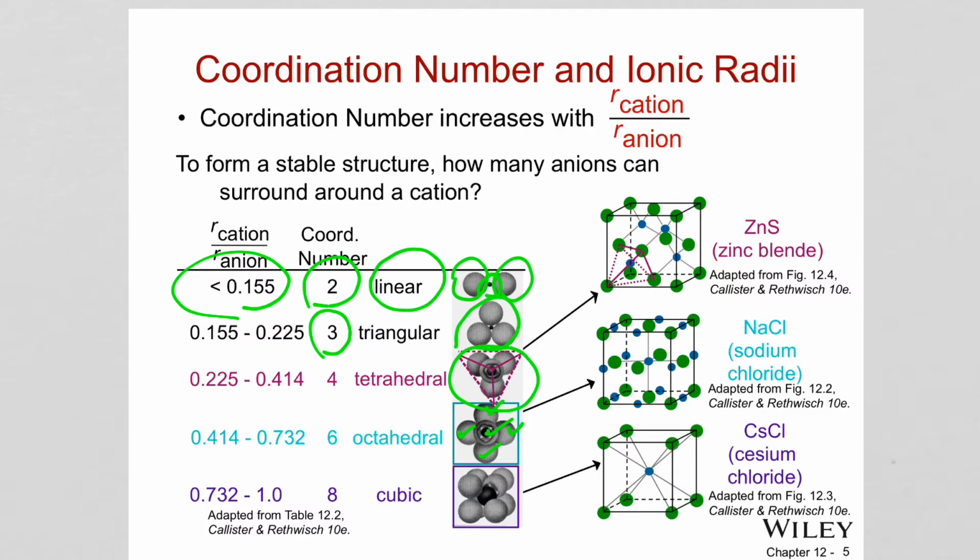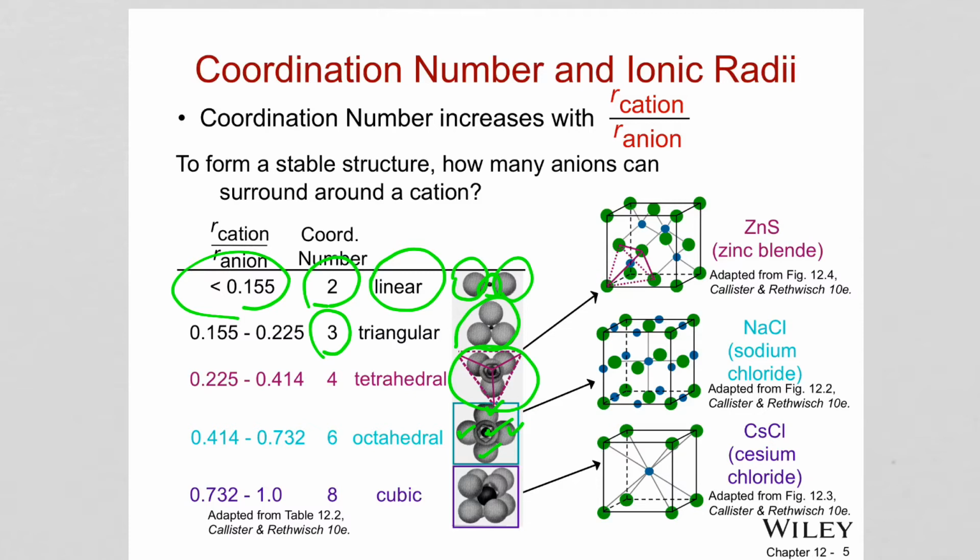So we then say the coordination number increases with increasing ionic radii ratio. And you can see how different crystal structures of different ceramics, like zinc blende, sodium chloride, cesium chloride, all have different coordination numbers and different ionic radii ratios, and based on that the crystal structure is determined.